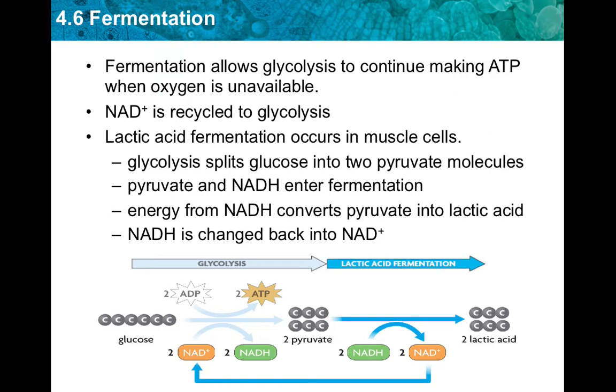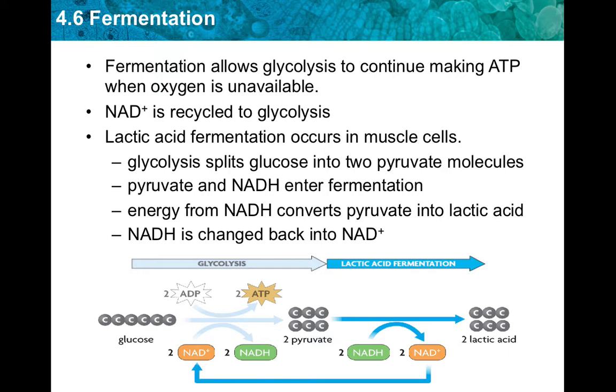So it's actually just a cycle of using as much present glucose and pyruvates as it can. Here we can see that first we have 6 carbons, or glucose sugar.